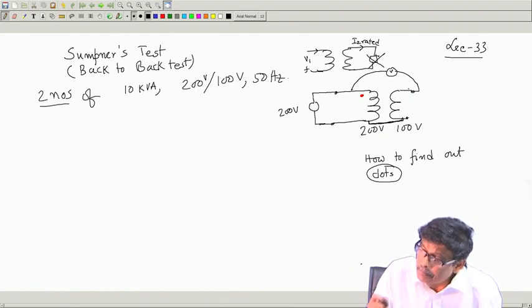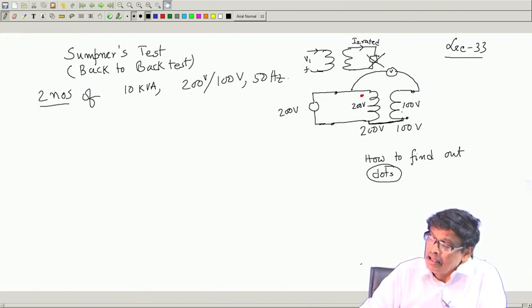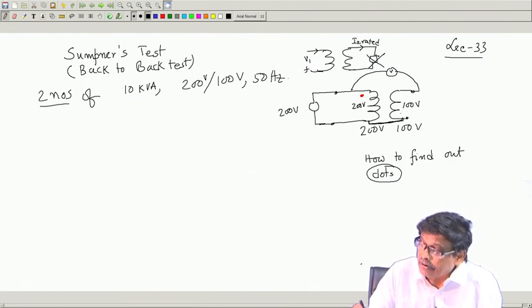Now, the moment you apply 200 volt here, no matter whether you have connected this or not, by transformer principle 100 volt will appear here. And for this 100 volt, I am not sure whether this is dot or this is dot.